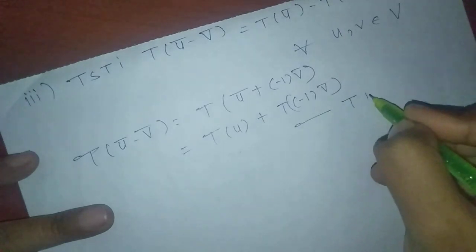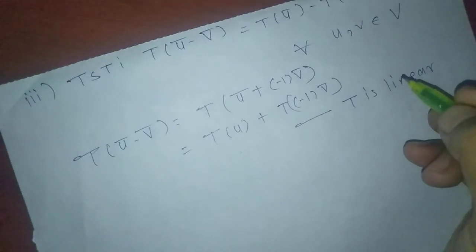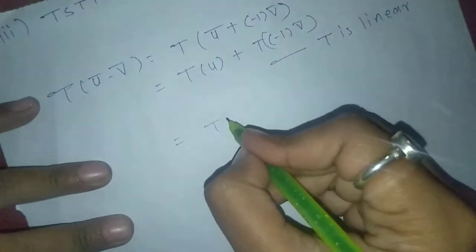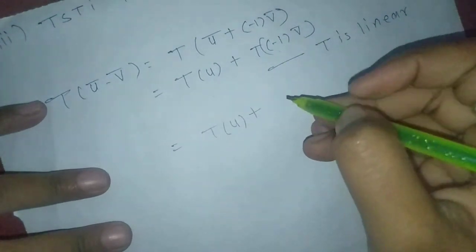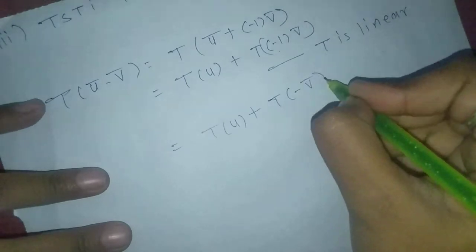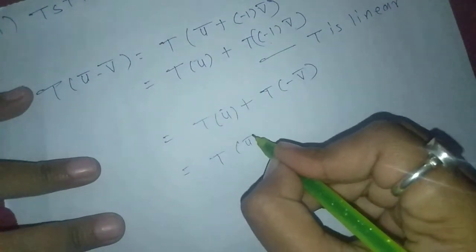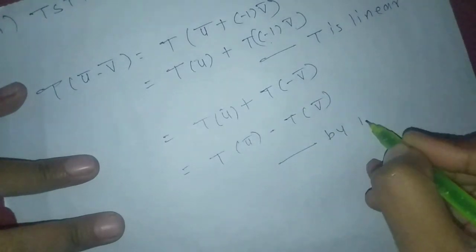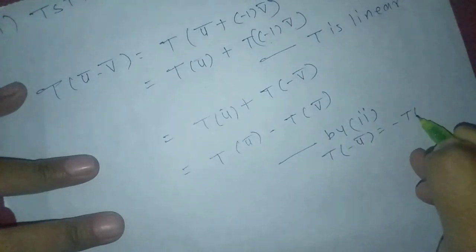Since T is linear, T of U bar plus V bar equal to T of U bar plus T of V bar. Now T of U bar plus T of minus 1 into V bar means T of minus V bar, equal to T of U bar minus T of V bar by the second property, T of minus U bar equal to minus T of U bar.